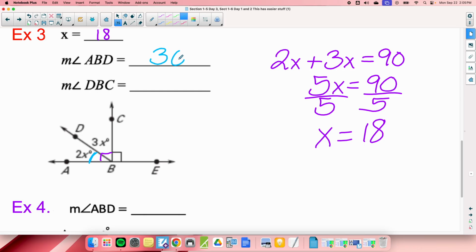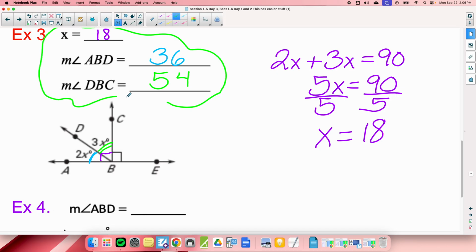Very good. Then they want angle DBC, which is right here, and that's 3 times x, and x is 18. So 3 times 18, very good, is 54. So these 3 are your answers. Okay?